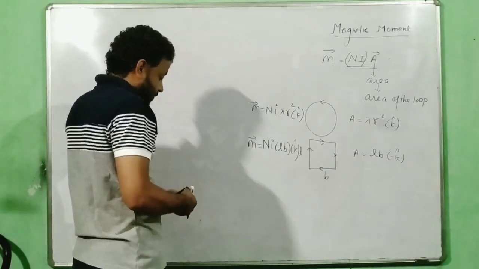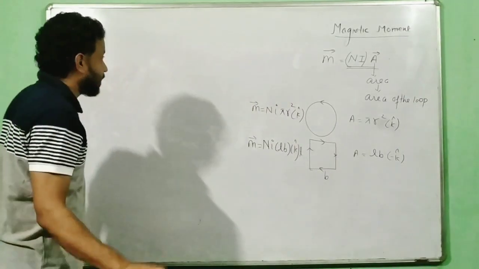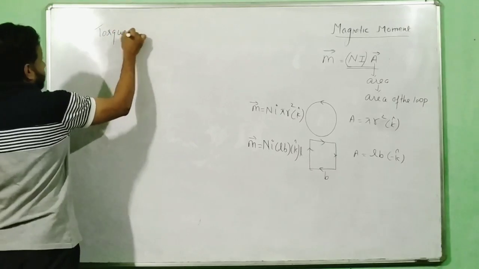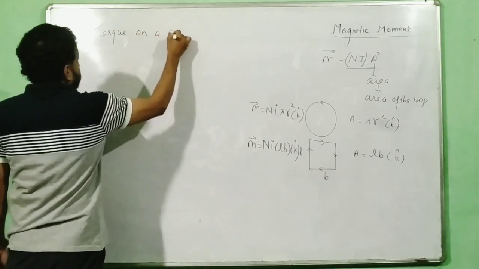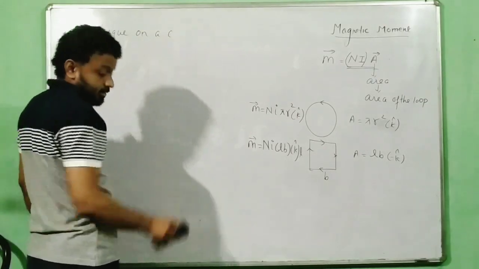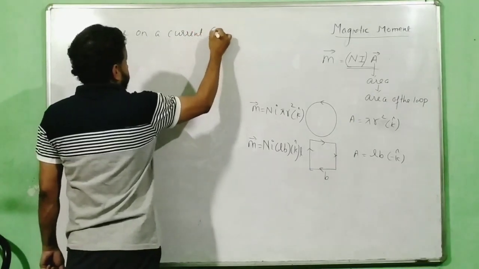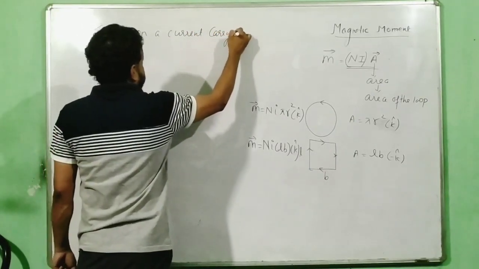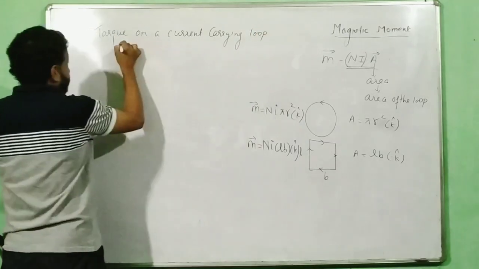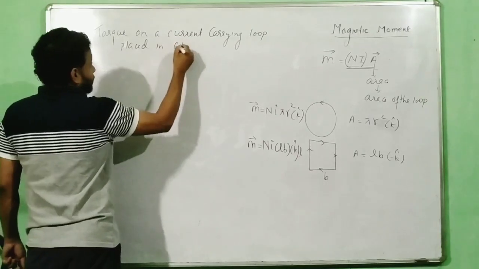Now let's move ahead, and the next heading we are going to discuss now is torque on a current carrying loop placed in uniform magnetic field.